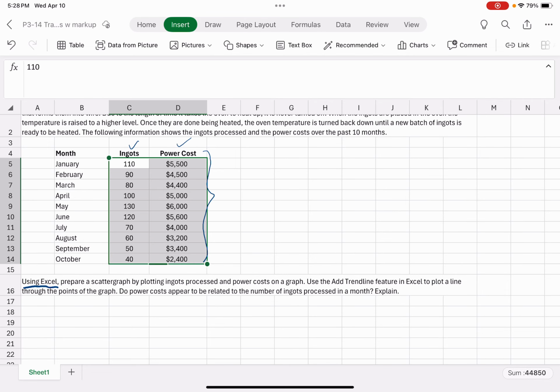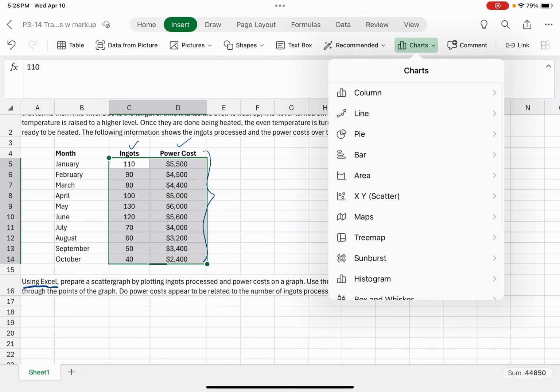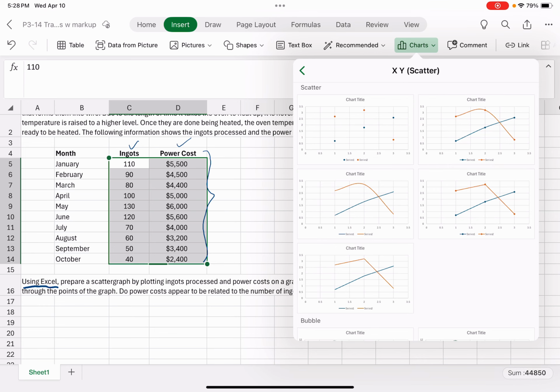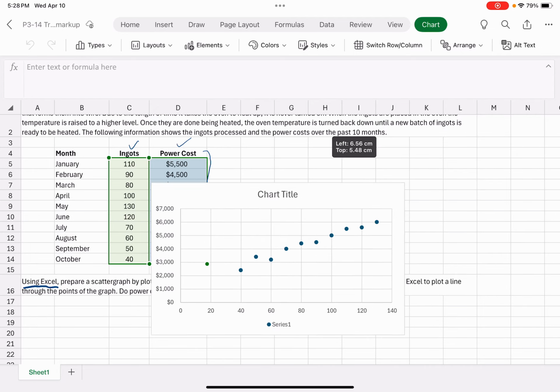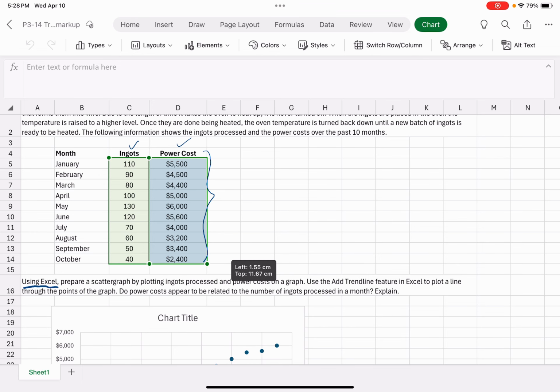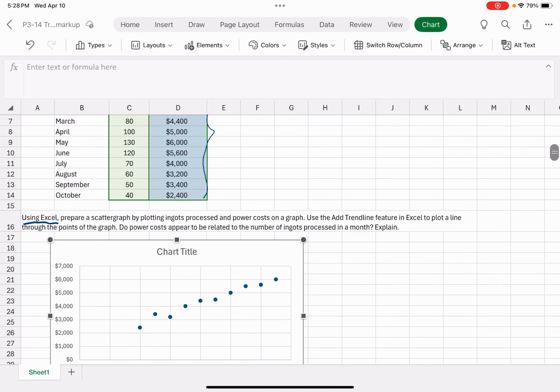You see it up here in the top column. And then it asks you, which type of chart do you want? Well, we want a scatter graph, so we're going to choose XY scatter about halfway down. And we just want the dots on the graph, a plain scatter graph. So there it is. I'm just going to move it down into place over here, and then we'll come down and work with it.